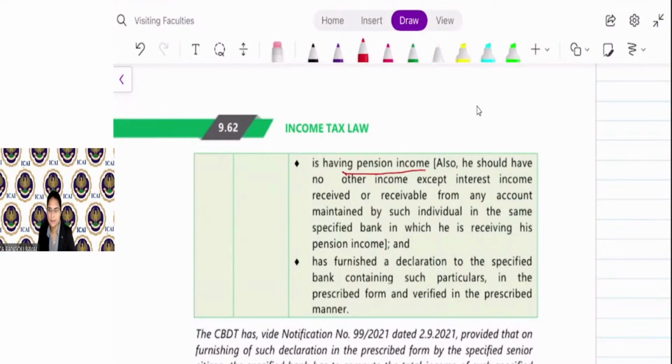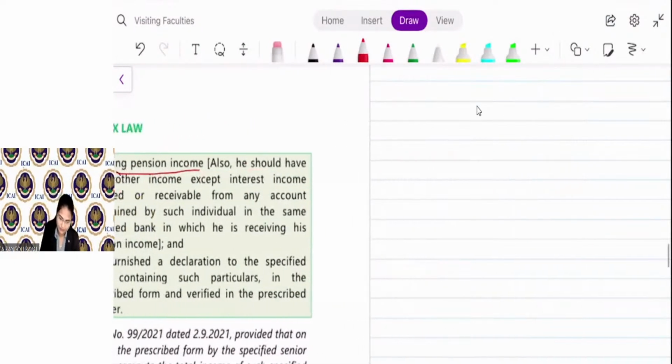Best example is Mr. X, aged 77 years, receiving a pension of rupees 2 lakh for the year in SBI, that is State Bank of India. Mr. X receiving pension of rupees 2 lakh in SBI.